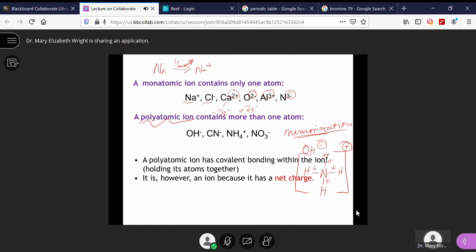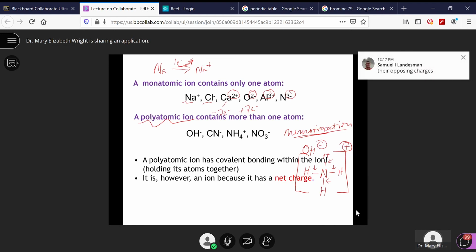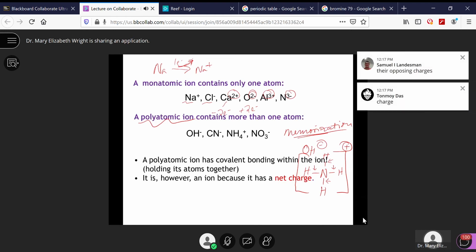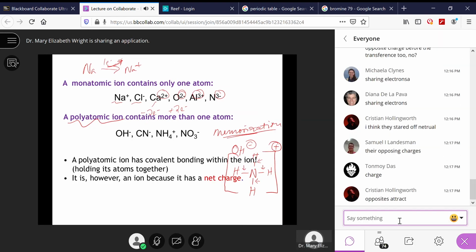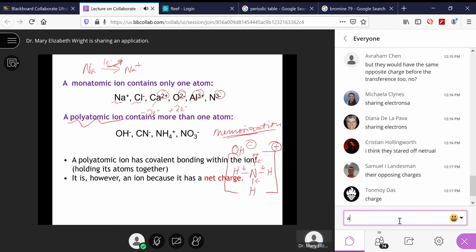What binds Na plus and Cl minus together? I'm sure somebody here, the opposing charges. Positive attracts negative. So once that electron has been transferred, there will be an ionic bond.